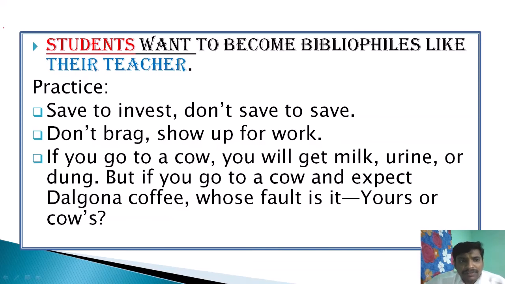If you observe, students is a word, want is a word, to is a word, become is a word, bibliophile is a word, like is a word, their is a word, teacher is a word. Again, if you divide, their teachers, this is a phrase. Students want, up to here, if you observe, this is a clause. And completely, if you read, students want to become bibliophiles like their teacher.